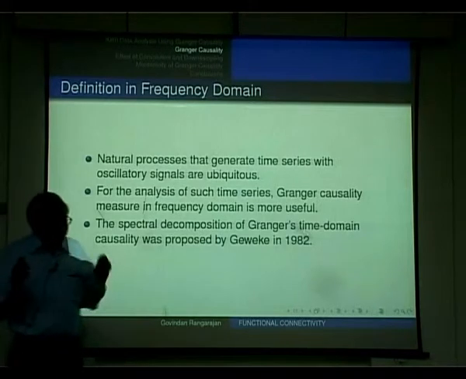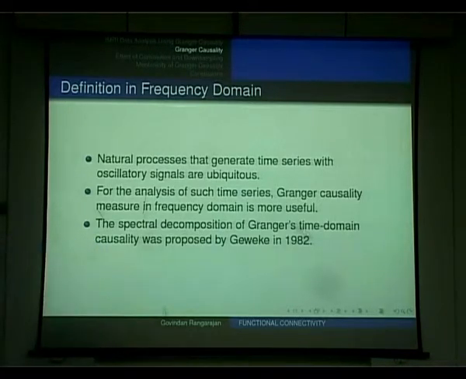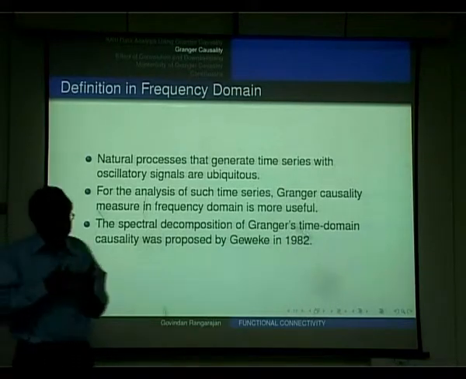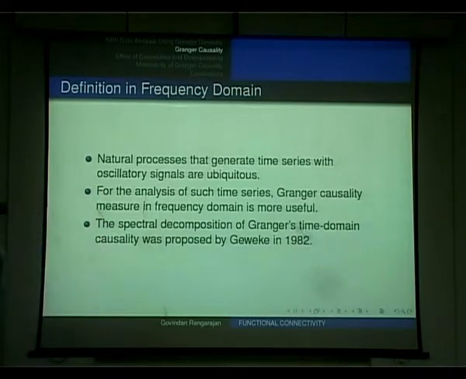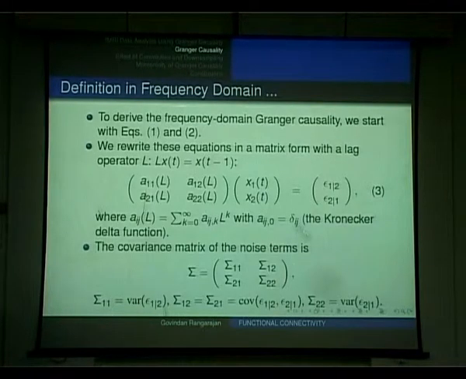You may be interested in whether there is a causal relation from, say, region A to region B at a particular frequency, for example in the beta band at say 20 Hz. That is important, and it will also be useful in looking at the effect of convolution and downsampling on Granger causality.